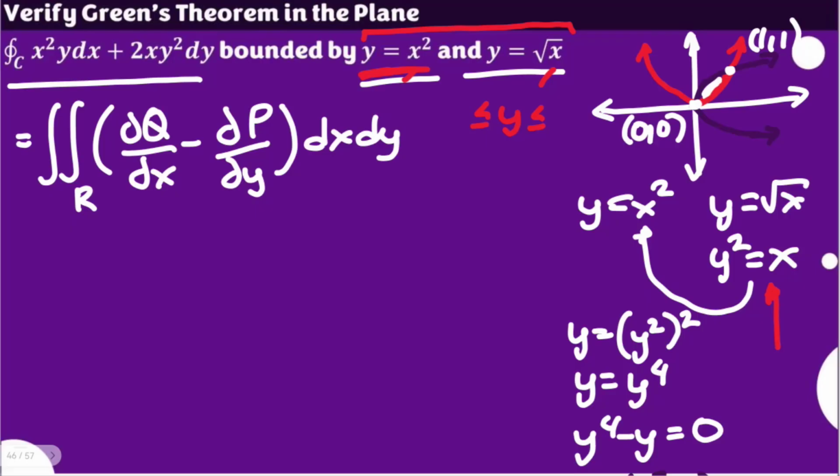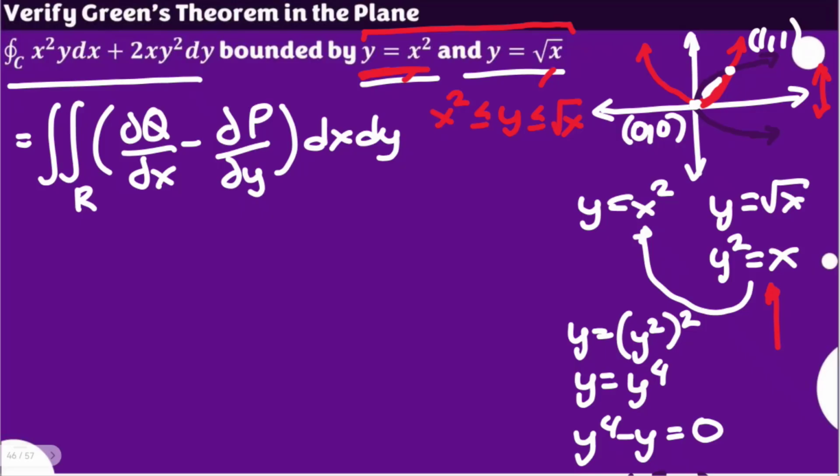Looking at our graph, vertically, the graph at the top is the parabolic curve opening sideward, which corresponds to square root of x. That's the upper boundary for y. The lower boundary of the region is actually x squared. We can see here that our y is expressed from x squared to square root of x.